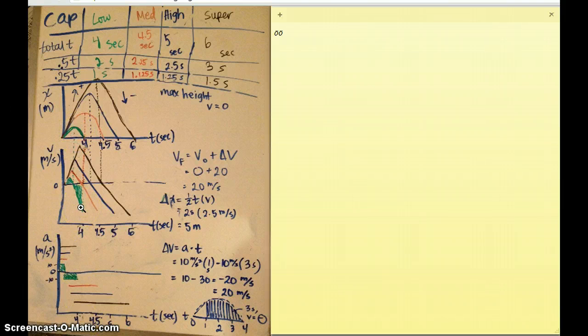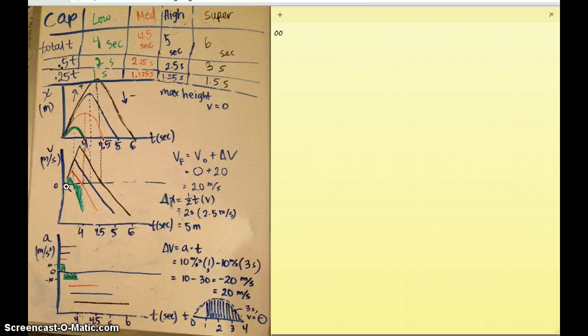And we can take a closer look at the velocity graph. You'll see here the velocity for the low launch, well, for all these launches. It increases its speed going in a positive direction because I signaled going up into the air as positive and going down as negative.